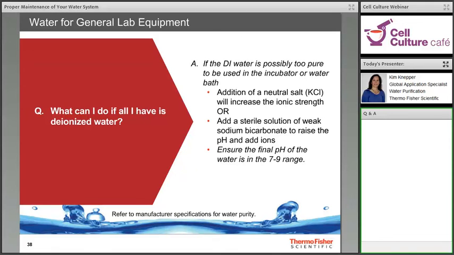That can be achieved by adding 84 milligrams of sodium bicarb for every liter of DI water in the incubator. This would be expected to give you a solution conductivity of about 100 microsiemens, or 0.01 megohm, which would be like a clean surface water. And again, change that water in the incubator and water bath, and clean it, on a regular basis.